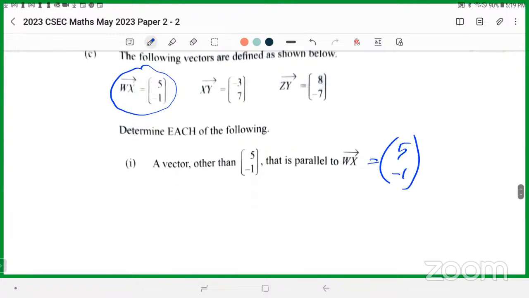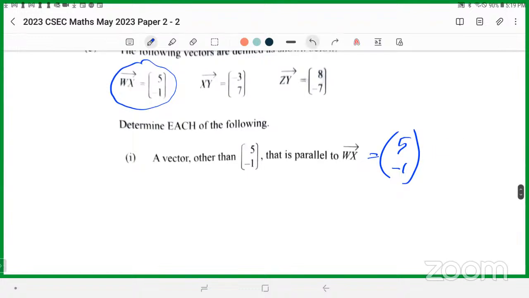So any vector that's a multiple of that is okay. So I can call that vector V, and I'm going to put 2 times 5, -1. It's multiplied by 2. You could use any multiple you like. Any multiple, even a fraction. You could put half, 3/4. Any multiple of the vector will be parallel to it. Two vectors are parallel when one is a multiple of the other.